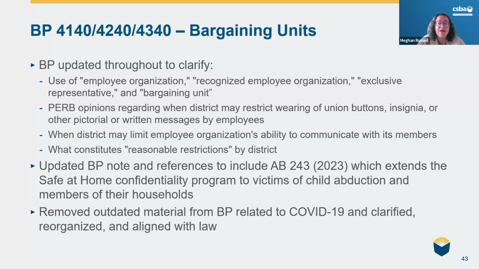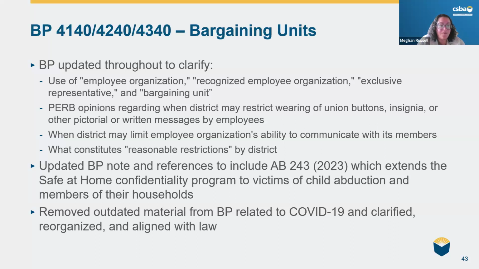And then also when districts may limit employee organizations' ability to communicate with its members, and what constitutes reasonable restrictions by a district. And then we updated the board policy note and references to include AB 243, which is a Safe at Home confidentiality program. There's an existing Safe at Home confidentiality program that's been in existence to protect victims of domestic violence, sexual assault, stalking, human trafficking, and elder and dependent abuse, as well as district employees who face threats of violence or harassment from the public because of the employees' work for the district.